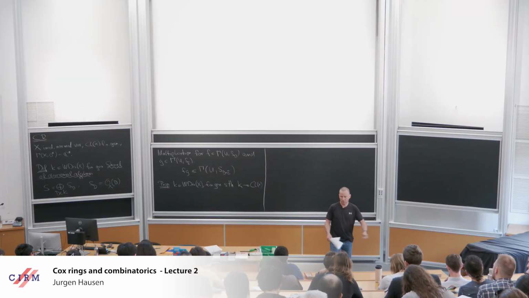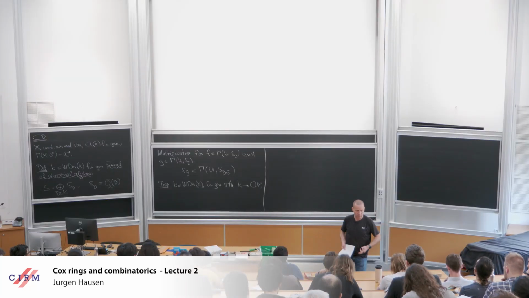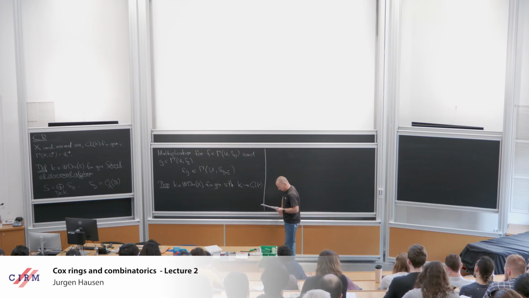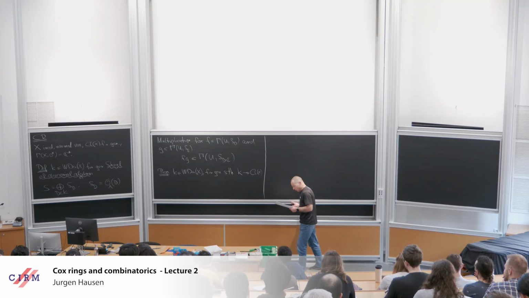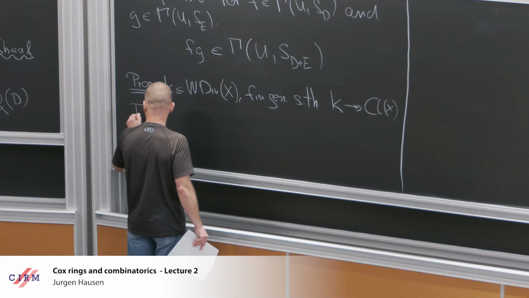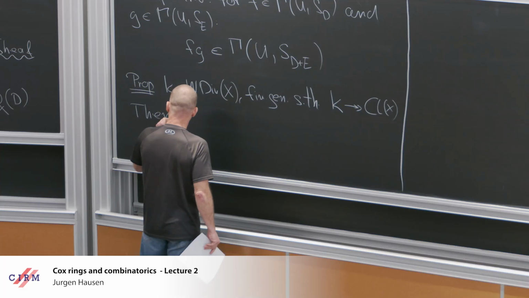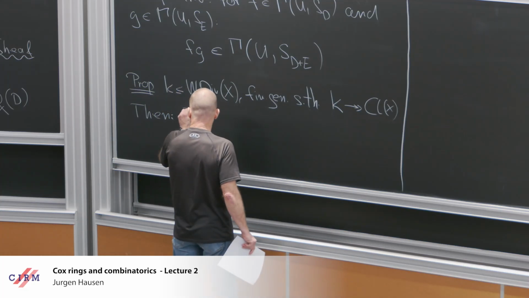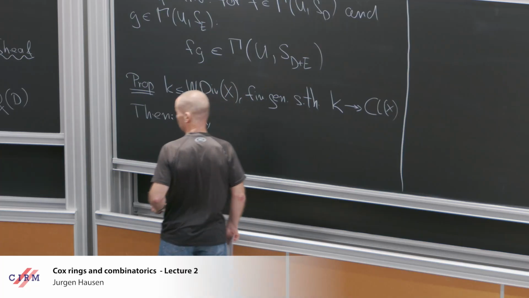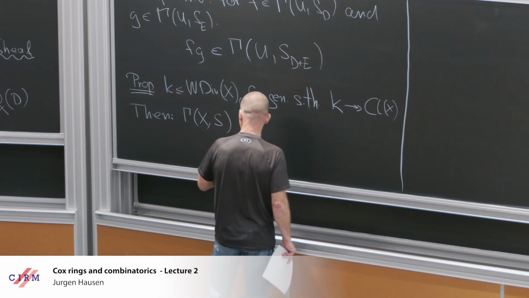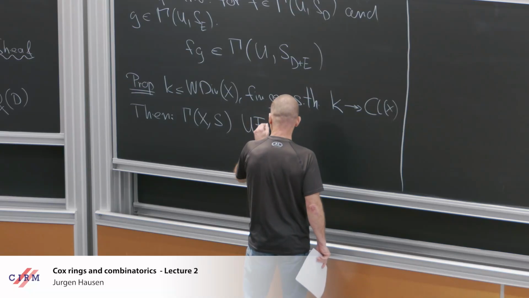So take representatives for generators of the class group and you get a big group which is big enough in this sense but still finitely generated. Then the graded algebra of global sections of this sheaf of divisorial algebras is a unique factorization domain.